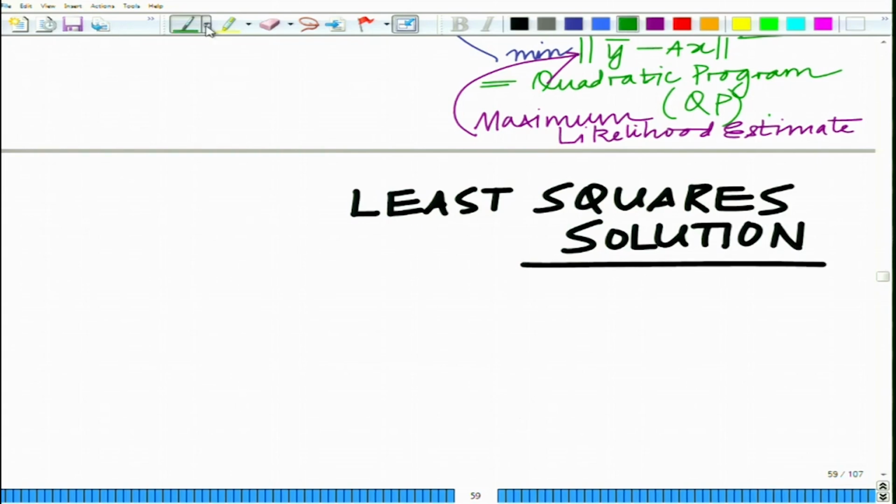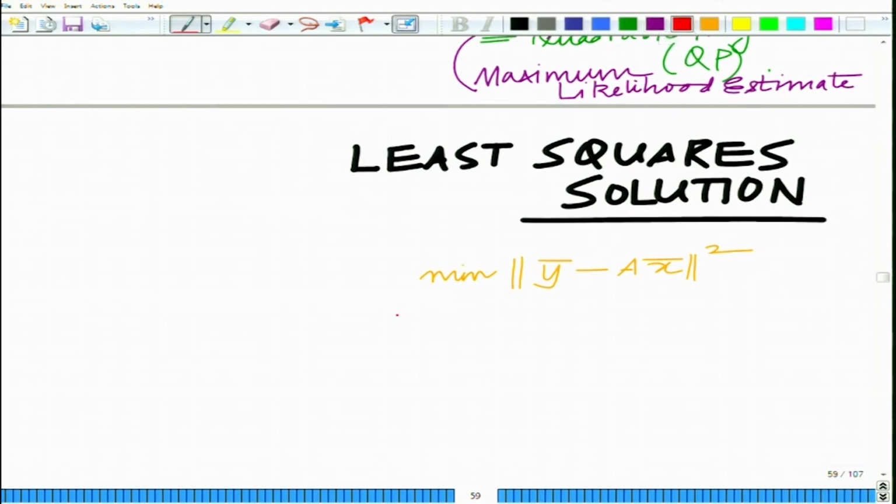And that can be found as follows. We want to minimize the norm of y bar minus A x bar, squared. So what we do is basically, remember, the norm square of a vector is nothing but the vector transpose times itself.